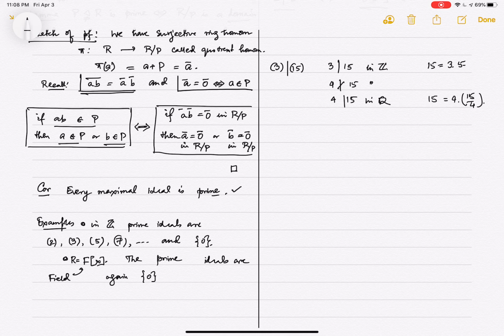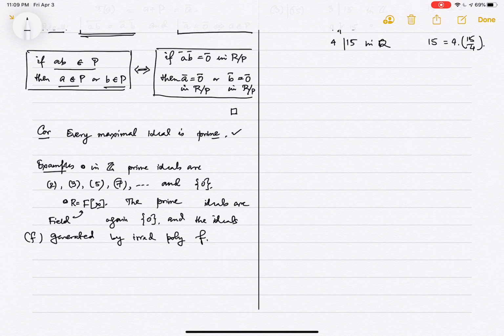The ideal generated by 0 and the ideals, this will be proved in a bit, generated by irreducible polynomials F. So there are no new examples. These are all maximal ideals. So to get some new examples, you have to go to the two variable polynomial ring. Well, 0 is a prime that is not maximal, I suppose. That is a new example.